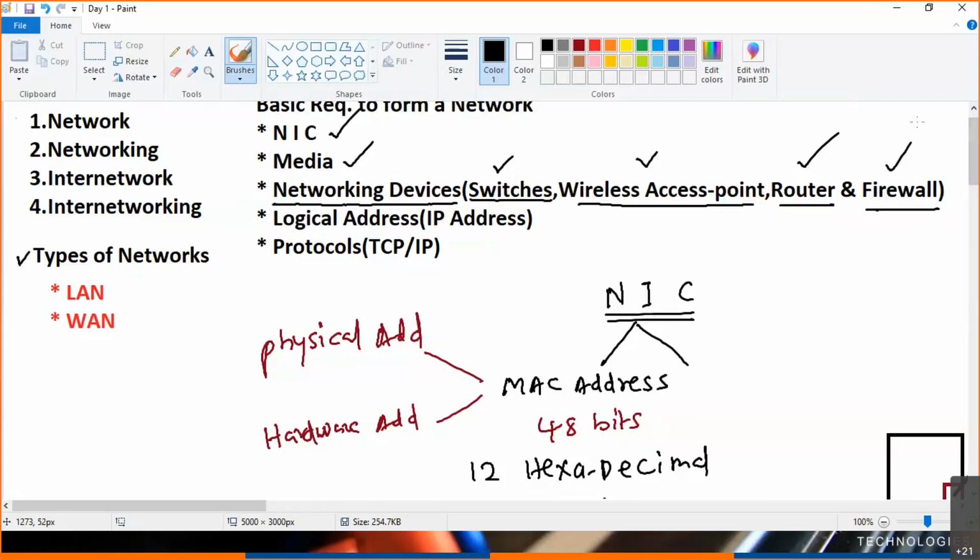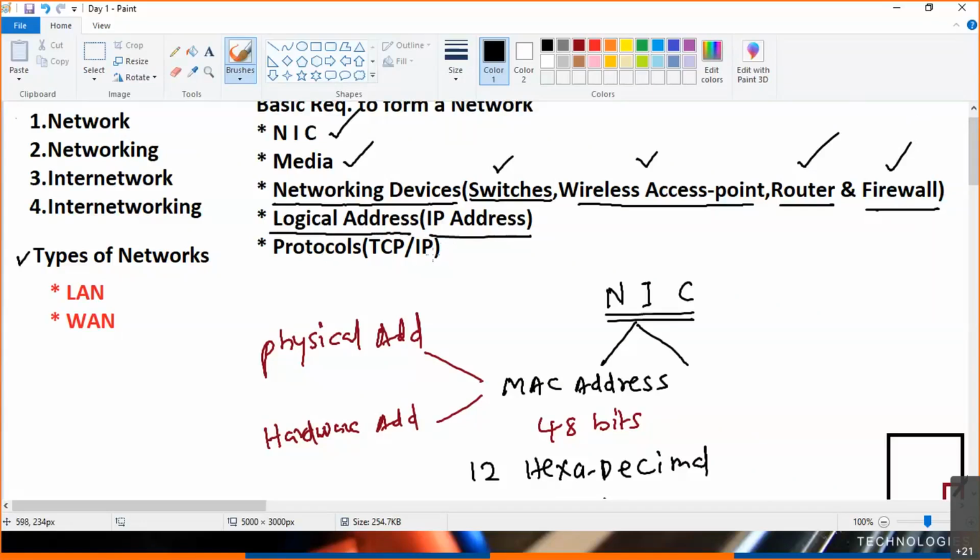Then what is a firewall? A firewall is used for filtering the traffic based on our policies. A firewall is also a hardware device which controls unauthorized traffic based upon the policies we have implemented on the firewall. Good.